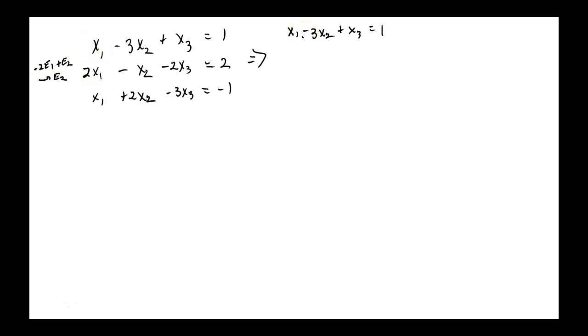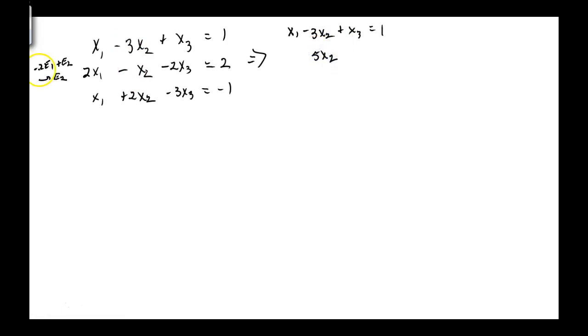What do you get? Minus 2 times x1 is minus 2x1, plus 2x1 is 0. Minus 2 times minus 3 is positive 6, minus 1 is 5x2.